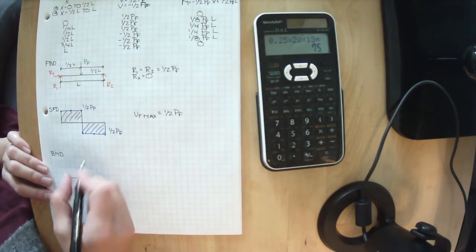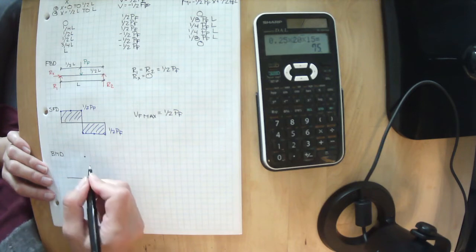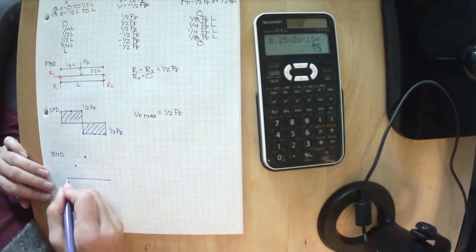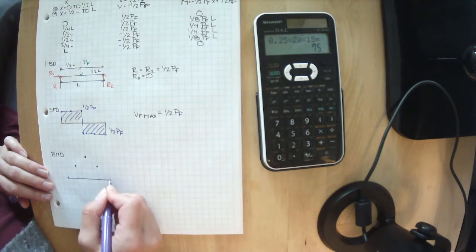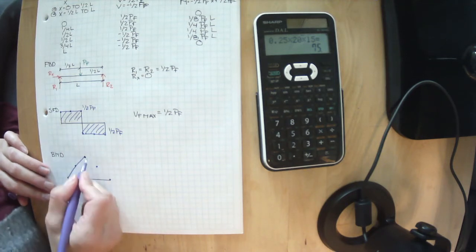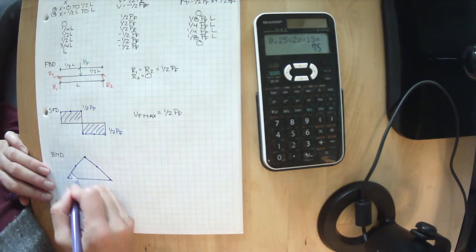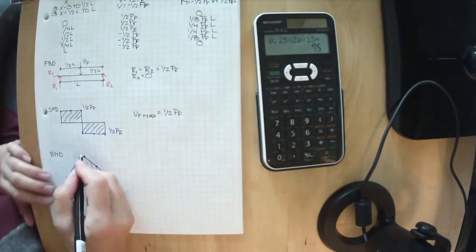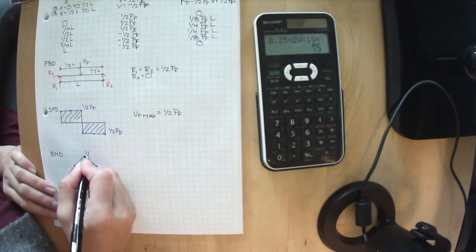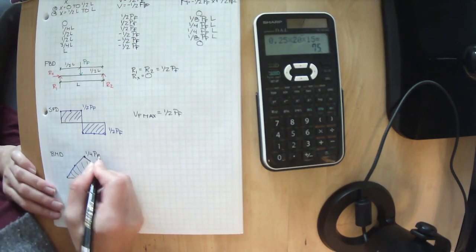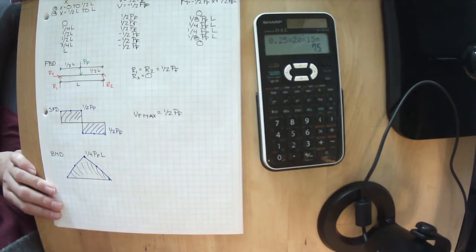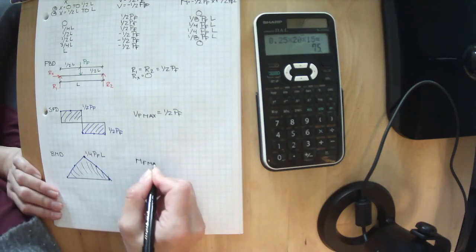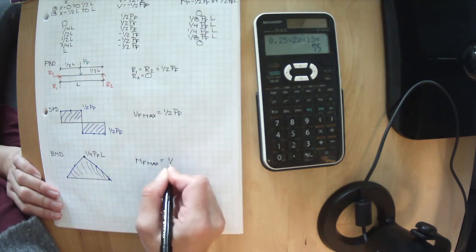If this is 1/4, we know that this is 1/4 PFL. So the maximum moment, MF max equals 1/4 PFL.